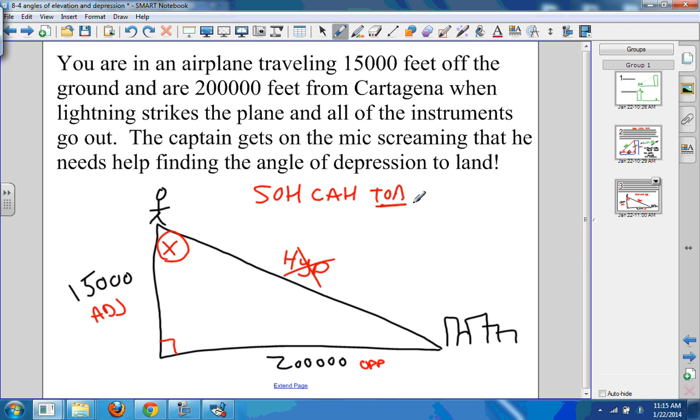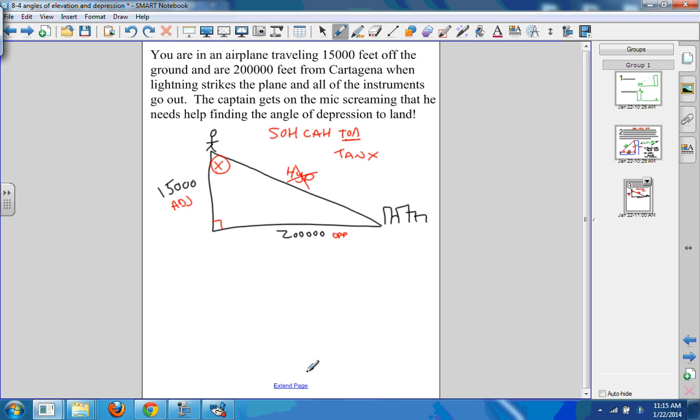So we can say the tangent of x is equal to opposite over adjacent. So 200,000 divided by 15,000.